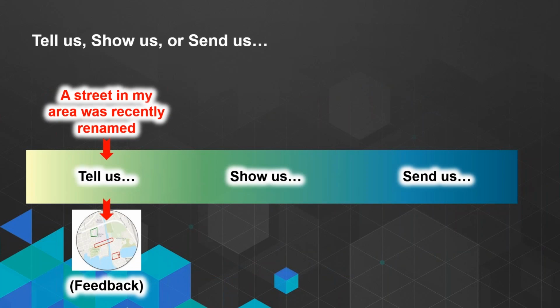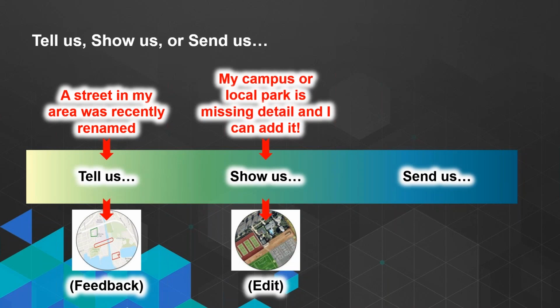When we talk about telling us things, it's feedback. It's very distinct things that are happening in your community that you're noticing, and you can help us improve the map by telling us, like a street was renamed. The show us concept is that you can build and add missing detail and actually missing features onto the map.